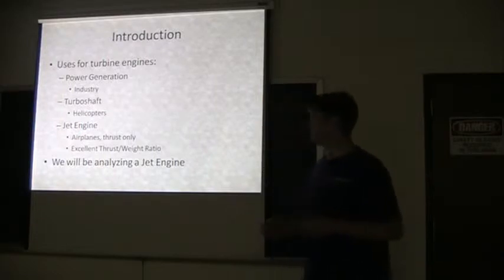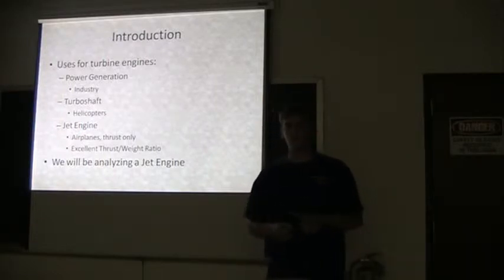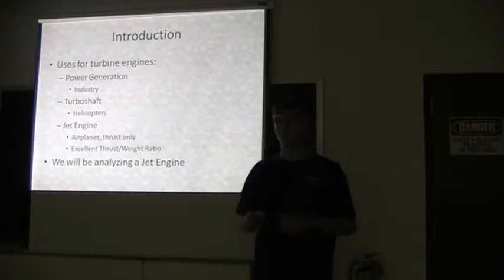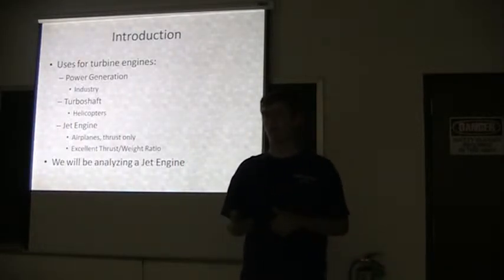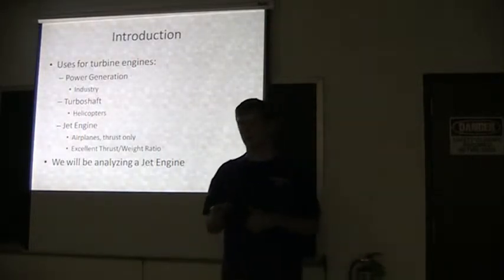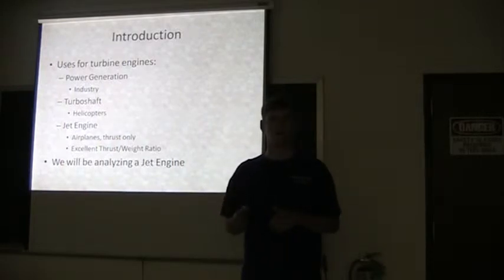As a little introduction, there are many uses for turbine engines. Some good examples are in power generation, where they burn natural gas and connect it to an electric generator to produce electricity. They're also used in helicopters, where they're called turboshafts.